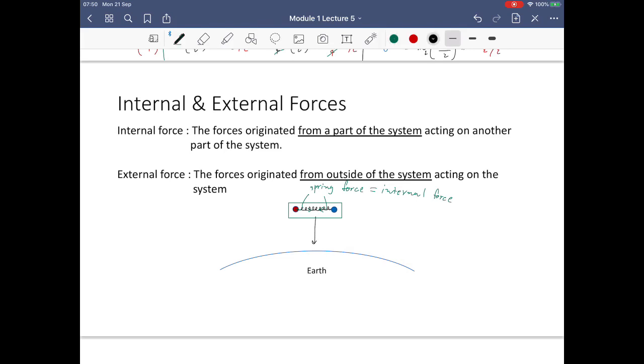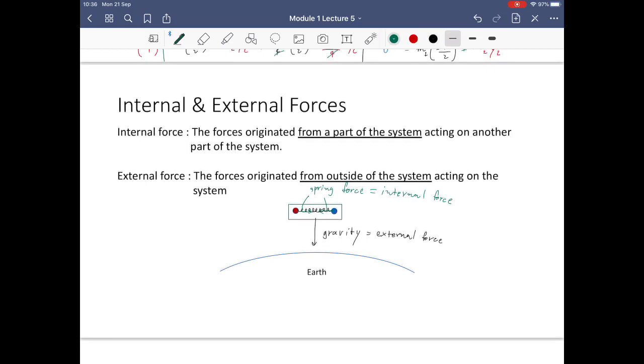And what is the external force? It's gravity. Why? Because gravity originates from the earth, which is not part of the system. So in this case, gravity is the external force. So I hope it is clear what internal and external forces are.